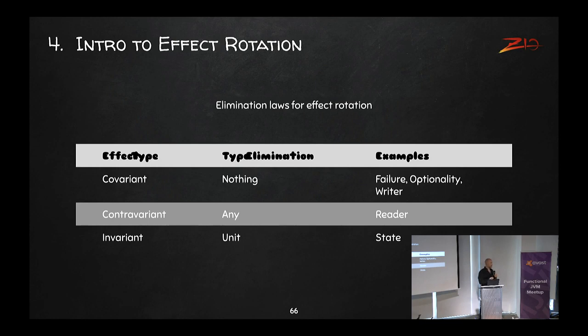It's not contravariant because you get something out. It's invariant. And for that, you eliminate it by, well, requiring that they put something in, and you can always ignore the thing that comes out if it's not necessary. And then you end up eliminating that type slot by changing it to Unit. An example would be state.